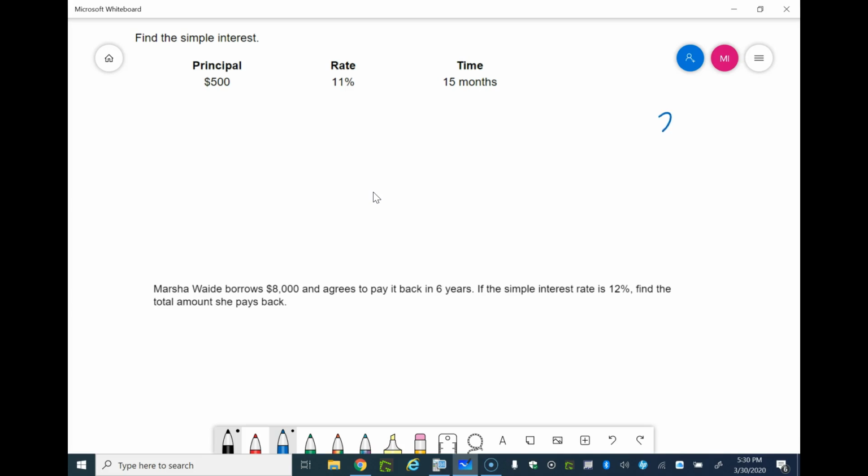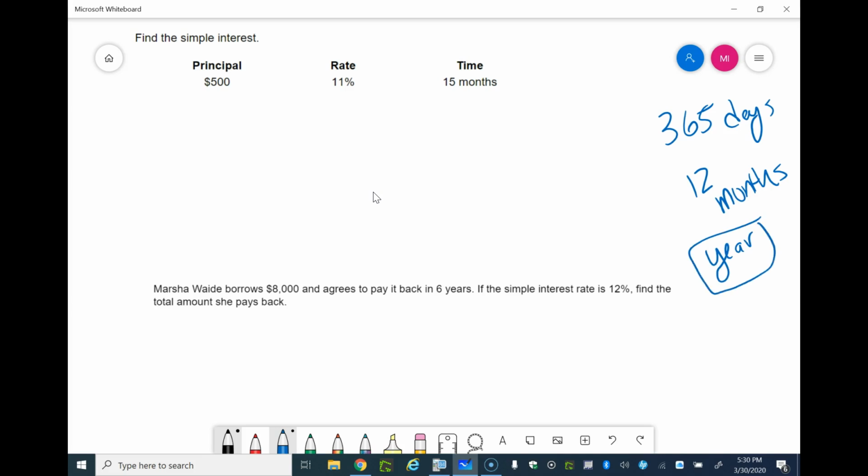We know it's going to be 365 days. If we talk about months, it's going to be 12 months. And if we're talking about years, that's the term that we need to be in, so we don't have to do any changing.